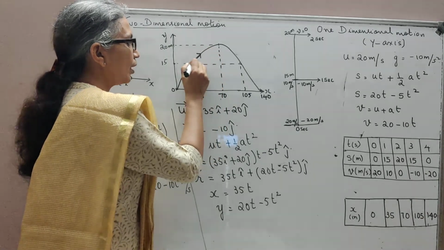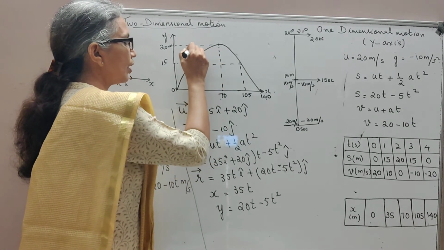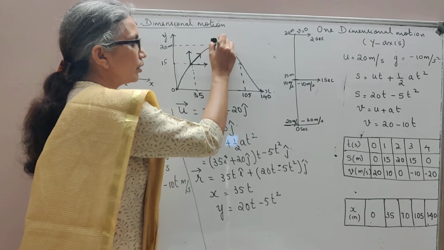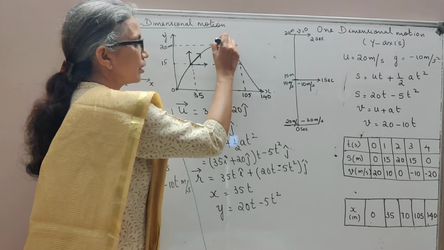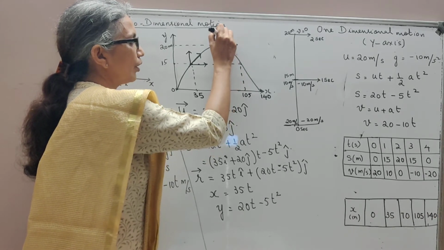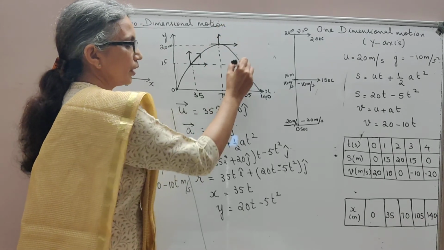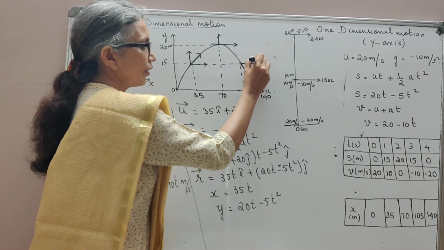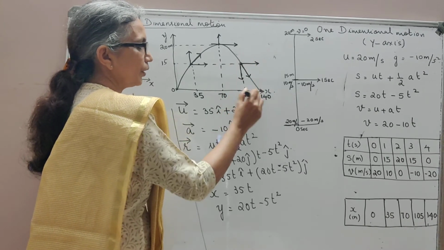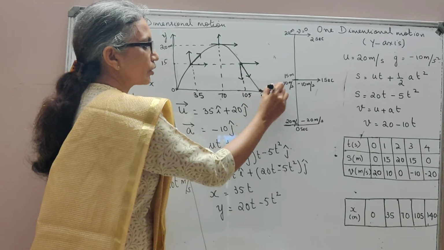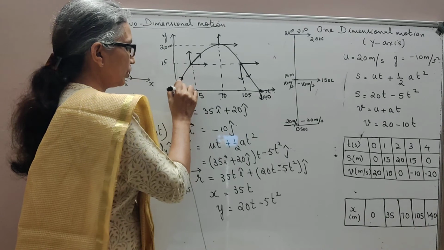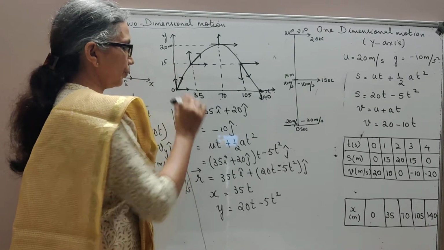Velocity v will have an x component, and will also have a y component. At this instant, the velocity is along the tangent like this, so it will have a y component and an x component. At this point, the velocity is in this direction. It will have an x component and a y component. And here also there will be an x component and a y component, just like at the origin.